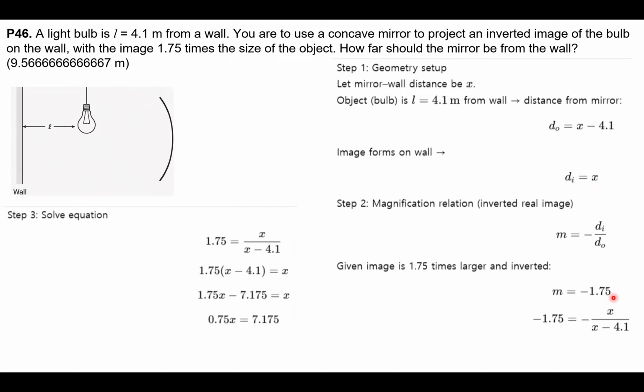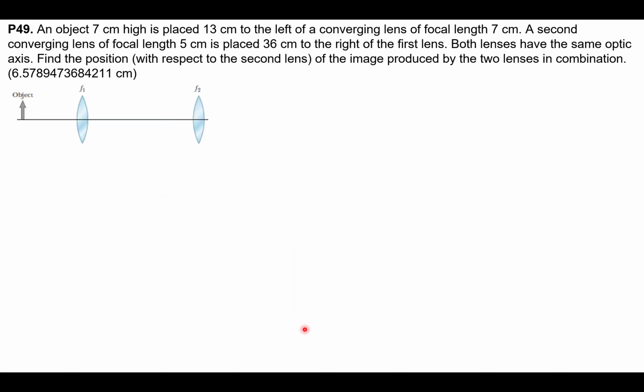If you put do and di into this formula, with the given number of minus 1.75, you get this relationship. Then if you solve this equation in terms of x, you get this final step, and you can get x.